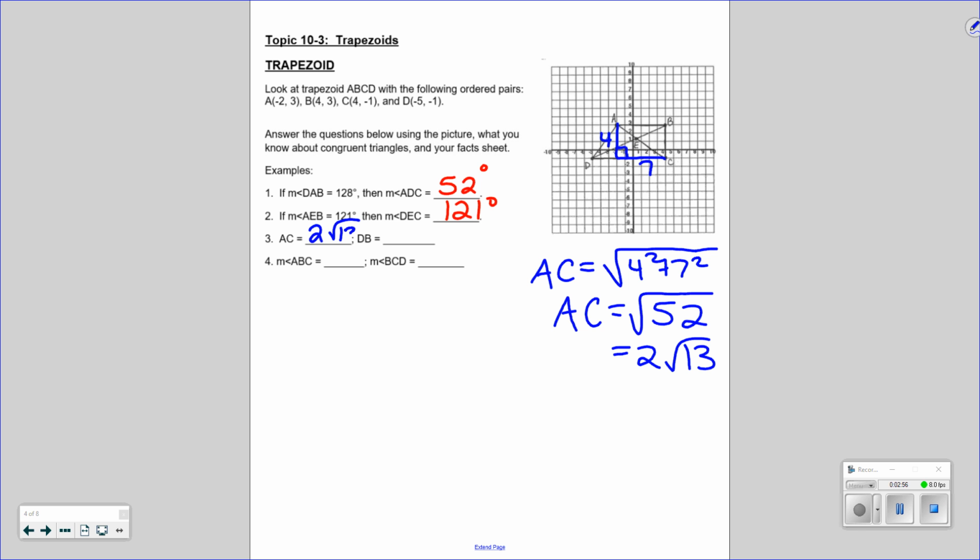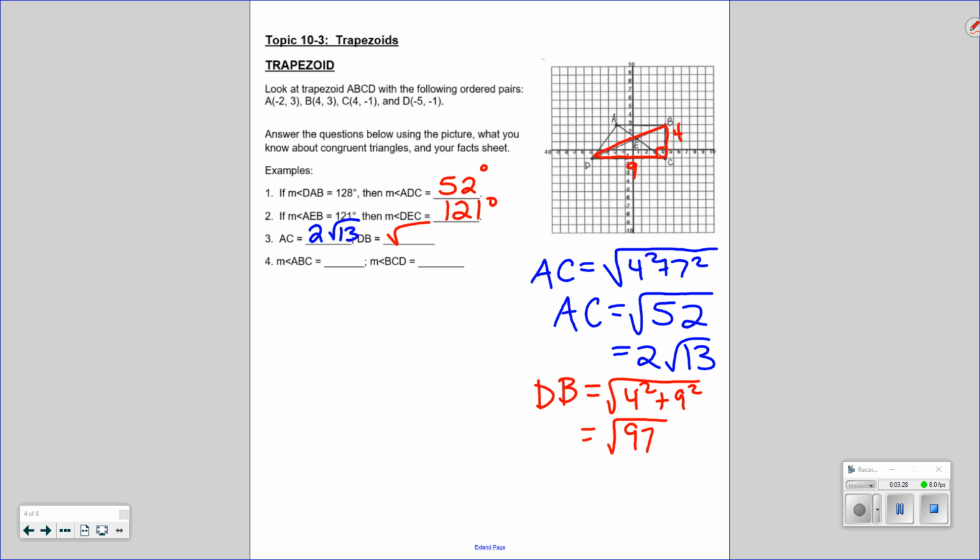All right, and then let's find the length of DB. So we'll do the same thing. Here's DB. It's already in a right triangle for us. So this side is 4 and this side is 9, looks like. So 9 squared plus 4 squared, and take the square root. So 81 plus 16, and that would give us the square root of 97.